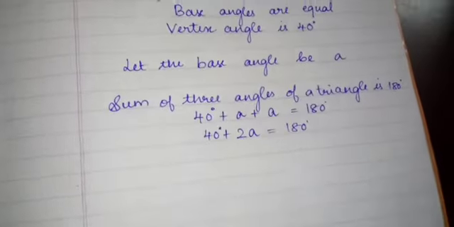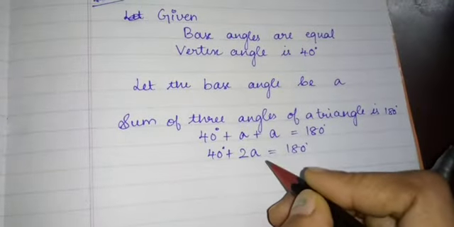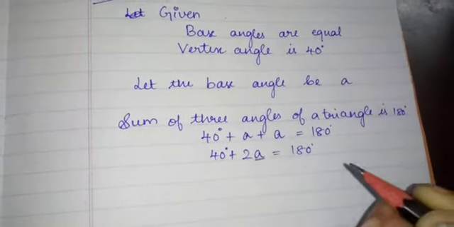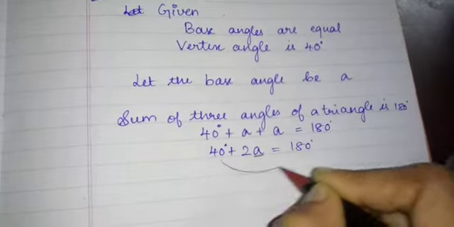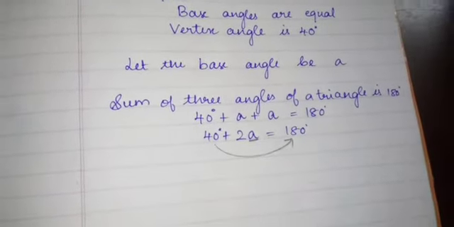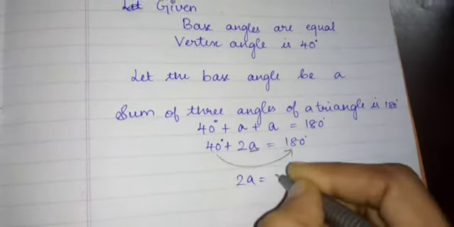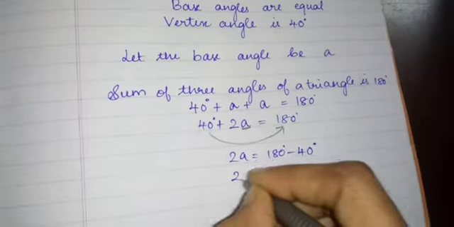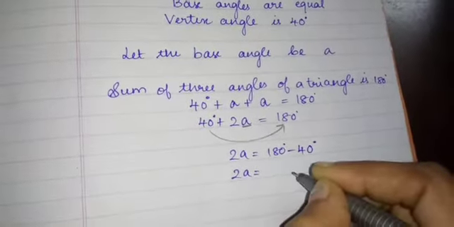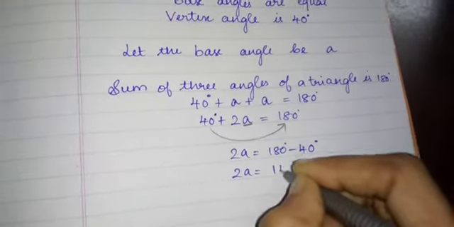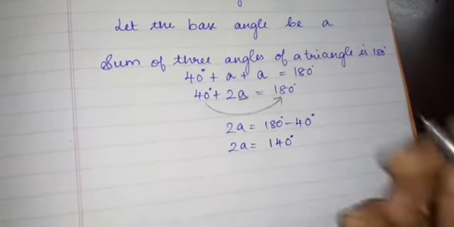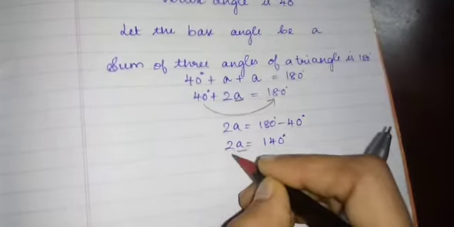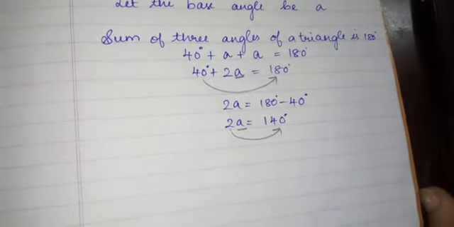Now you need to find the value of A. So I am bringing this 40 to the other side. 2A is equal to 180 minus 40. 180 minus 40 is what? 140. Now I have to find the value of A. So I am bringing this 2 to the other side.